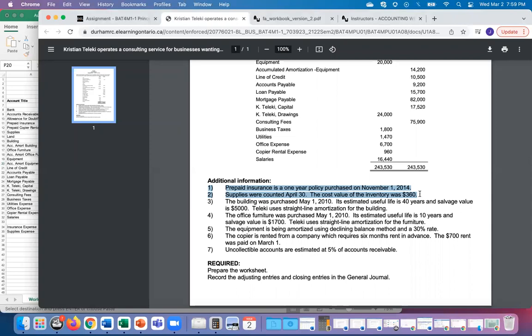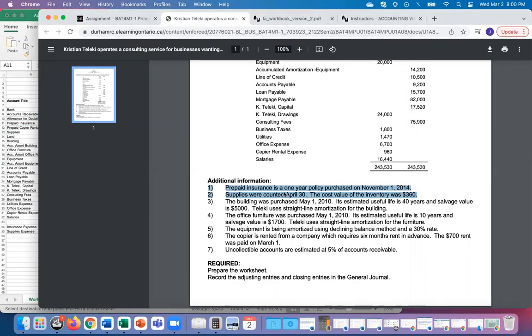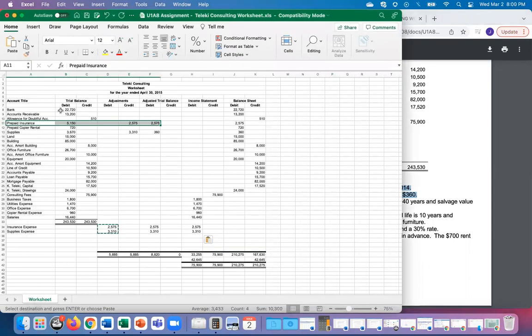One note on that, which I forgot to mention in Part A, but it is important, is that you not only have to carry the balances across the worksheet for the ones that come from the transaction list here. You also need to carry over the balances of accounts that haven't been affected by an adjustment.